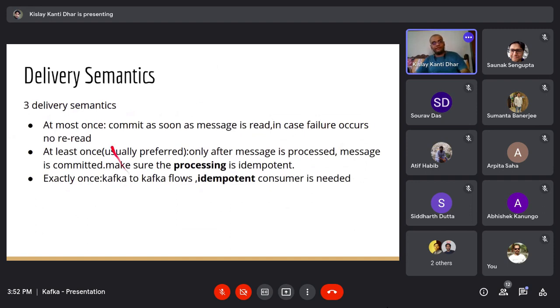Delivery semantics. Now, what is delivery semantics? There are three delivery semantics: at most once, at least once, and exactly once. What the first one does is, as soon as the consumer contacts the Kafka cluster and reads the data, it commits the offset.